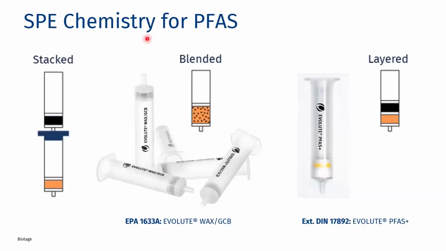We actually have developed a blended cartridge that has the WAX media and the GCB blended into one column. The blending versus the layering is important because blending allows you to use less carbon in the actual cartridge, so you don't have as much susceptibility to losing analytes of interest.